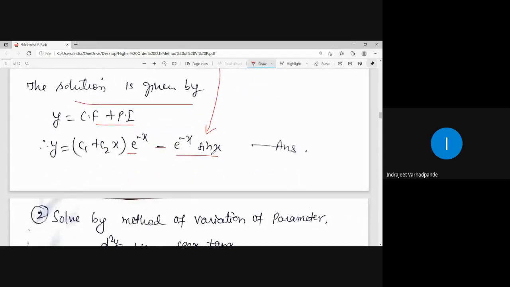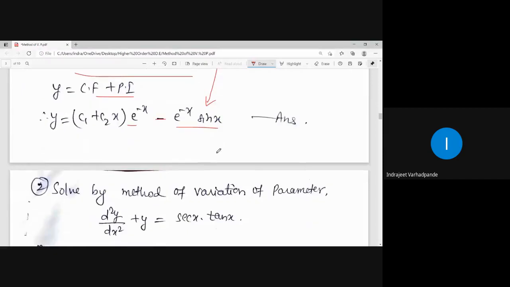Next question: solve by method of variation of parameters d2y by dx square plus y is equal to sec x into tan x. Up till now, we don't have any provision for calculating the particular integral wherein it contains sec x or tan x or cosec x or log x.